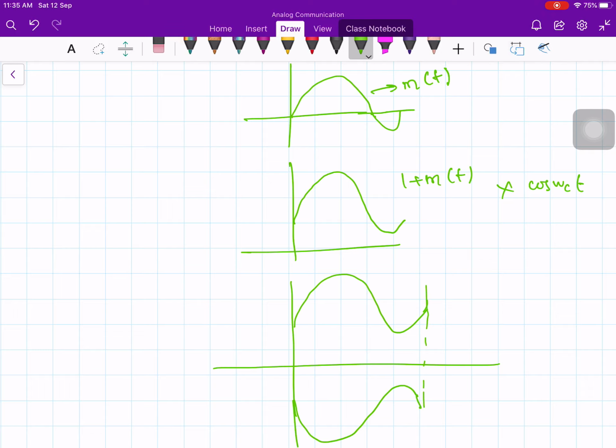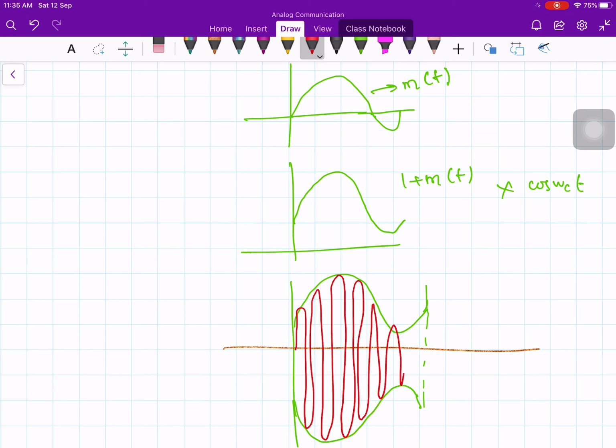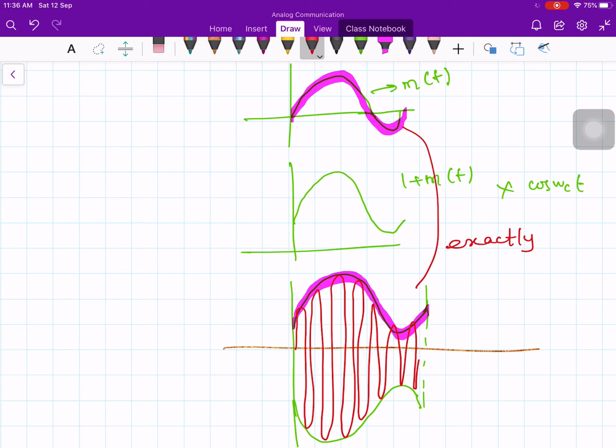Let me stop at this point. This is my carrier component. No problem, right? Now look at the trace. This trace and this trace both are exactly the same, exactly the same shape.